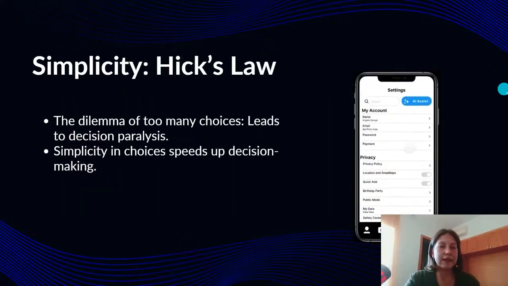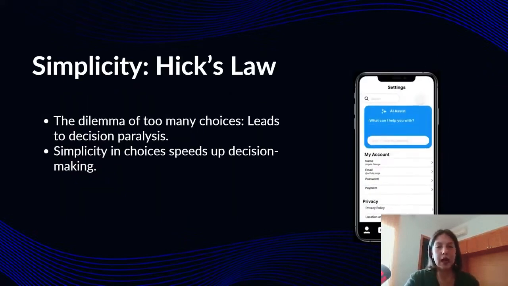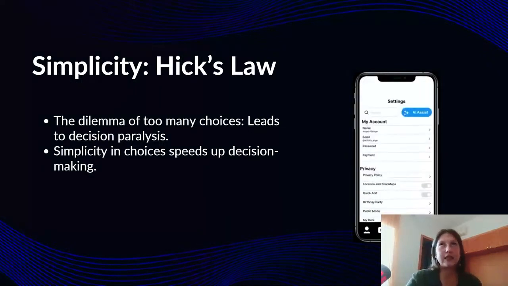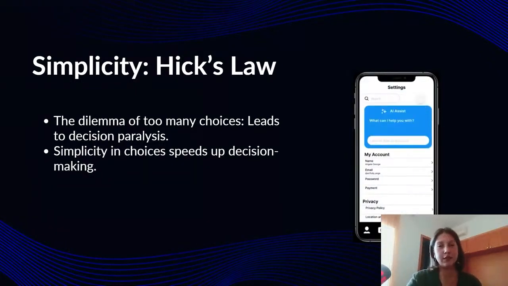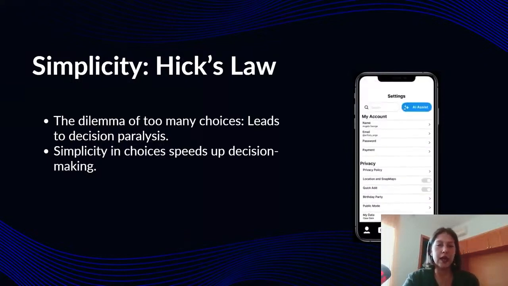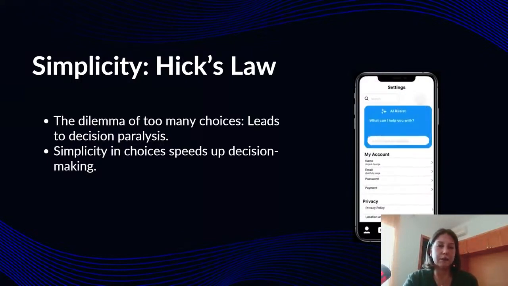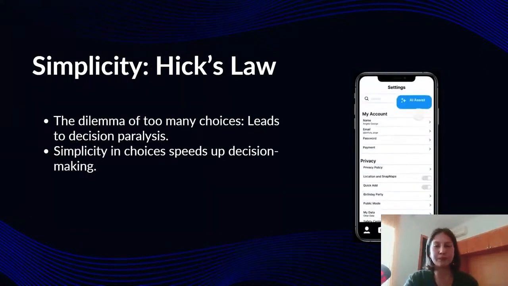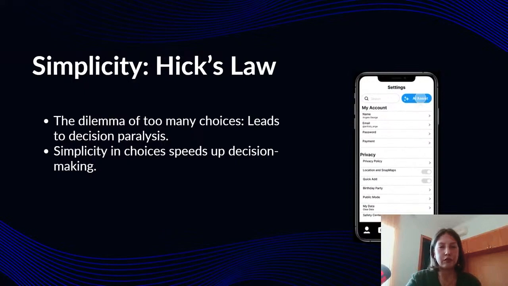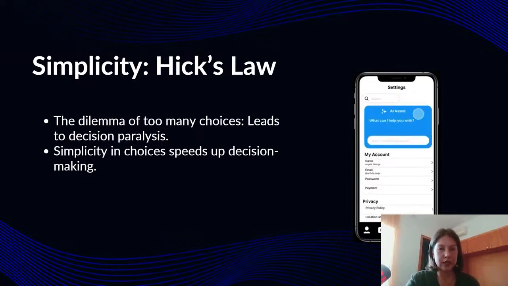And the second one is simplicity, or Hick's law. Simplicity is the main rule of a successful UI, and there is a reason for it. If you need to describe Hick's law, it means that you don't need to present too many complicated choices.